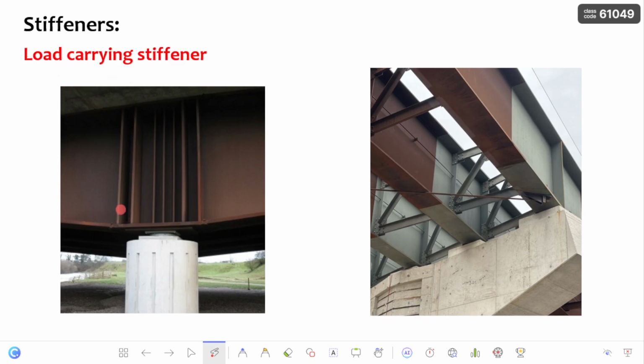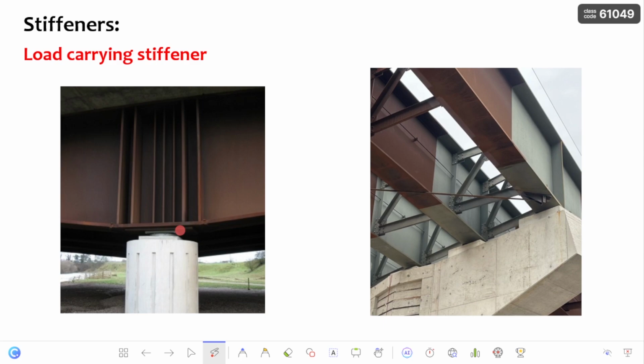These load carrying stiffeners are also provided at concentrated load locations. Whenever the web is not enough to resist the load coming onto the plate girder, here a heavier support reaction will develop on this plate girder. At those locations, the web cross section may not be enough to withstand those concentrated loads.